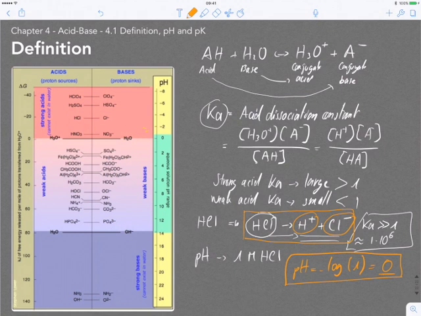But that means that you can theoretically have a negative pH when you increase this concentration.